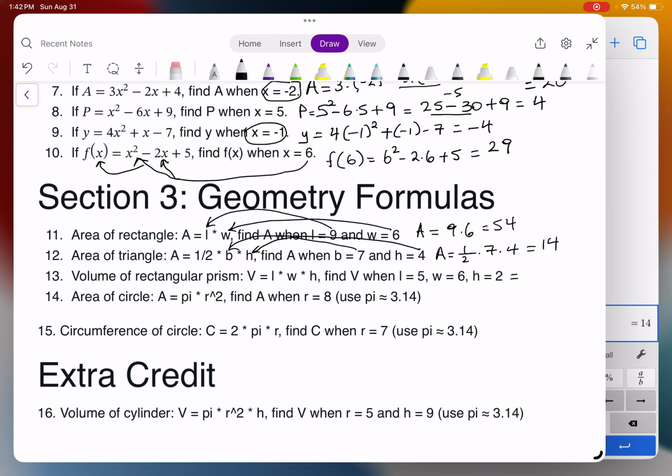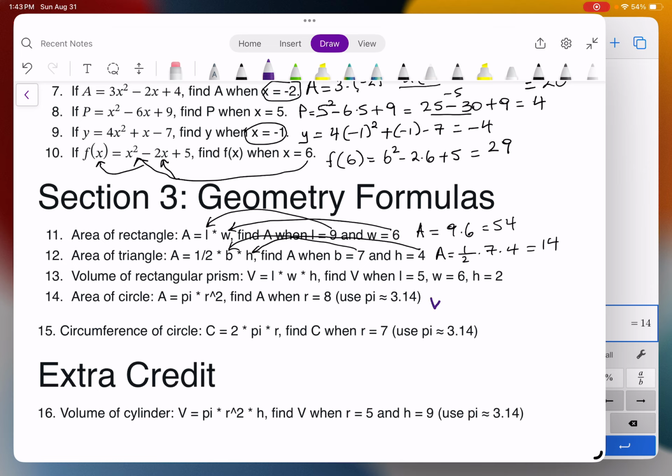Number 13, we have V volume equals L times W times H. So now we have 3 substitutions at the same time. We get, or rather volume, right? Volume.